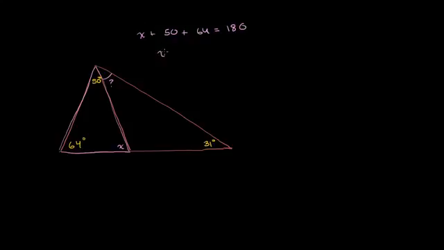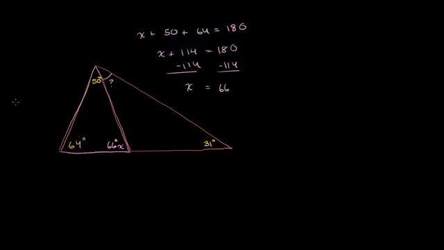Or we could say x plus 114 is equal to 180 degrees. We can subtract 114 from both sides of this equation, and we get x is equal to 180 minus 114. So 80 minus 14, 80 minus 10 would be 70, minus another 4 is 66. So x is 66 degrees.